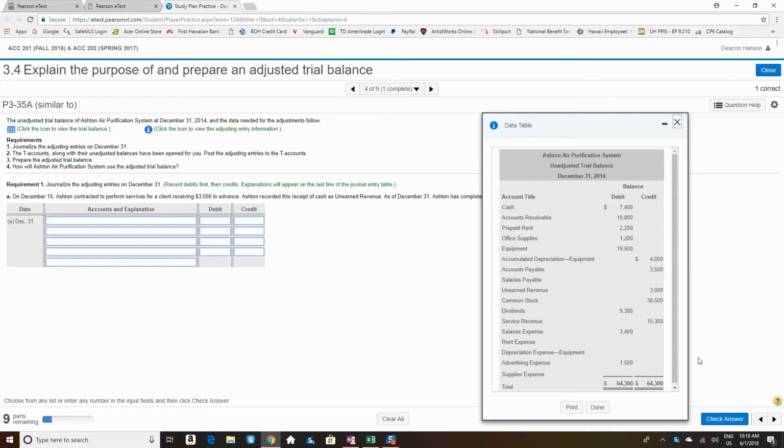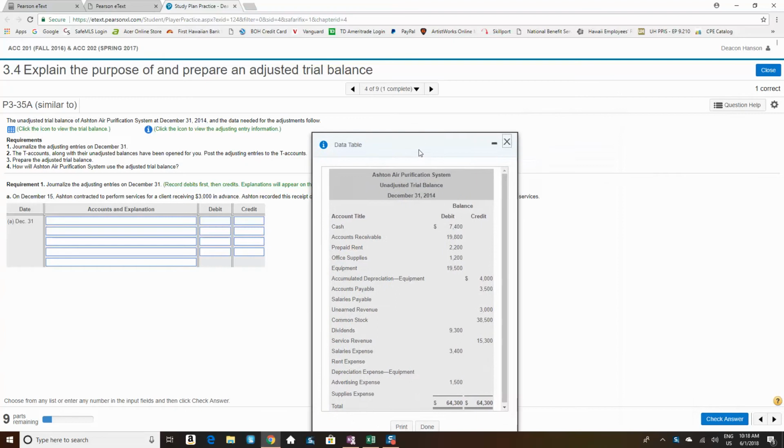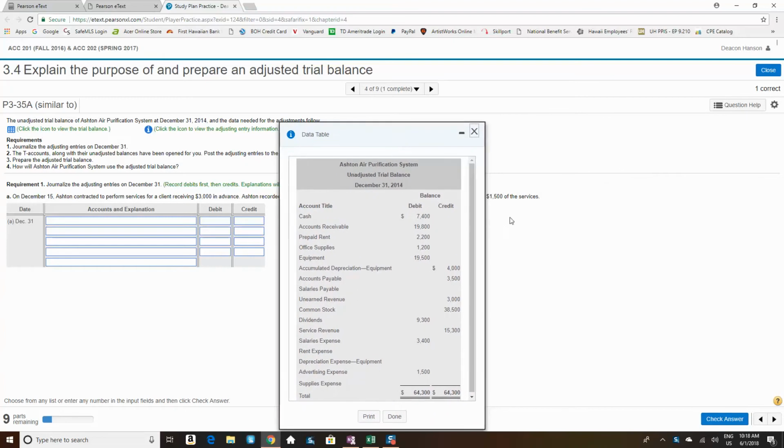And what we're tasked with doing is preparing the adjusting entries, then coming up with new balances. So we take the effect of the adjusting entries and factor that effect in on the unadjusted balances, and we'll come up with new balances.